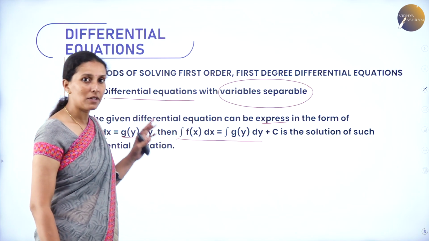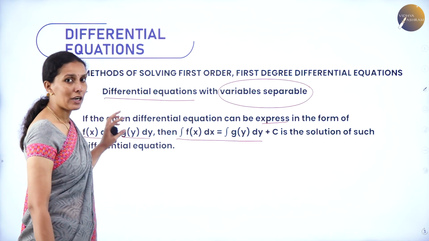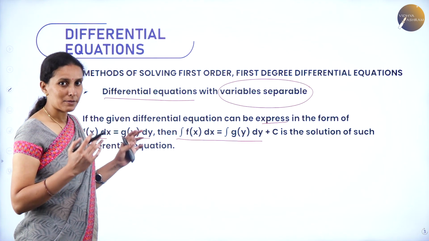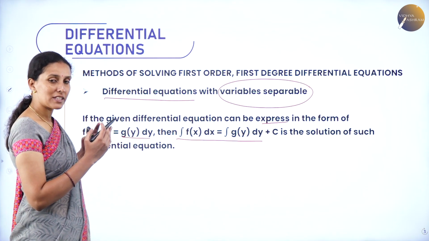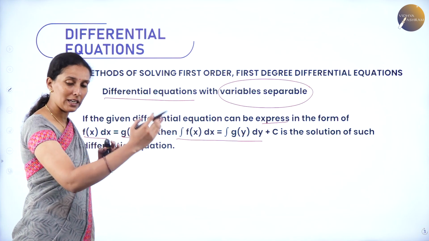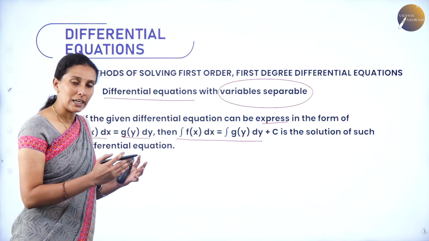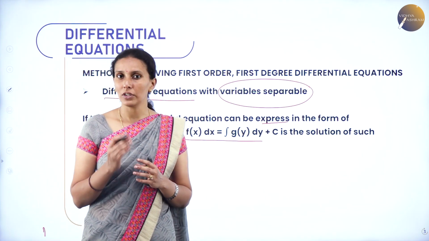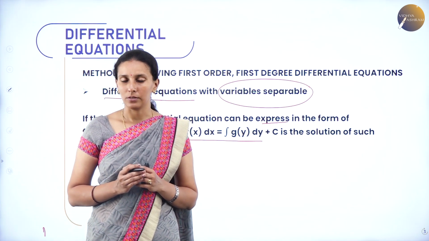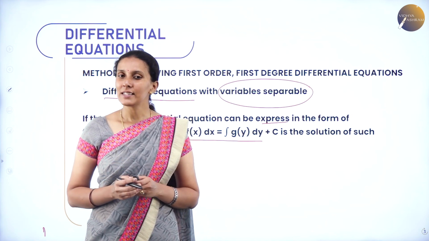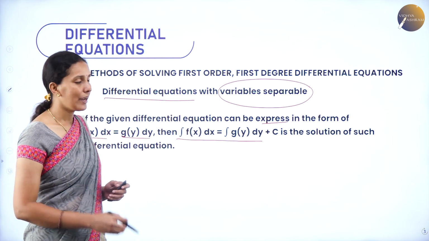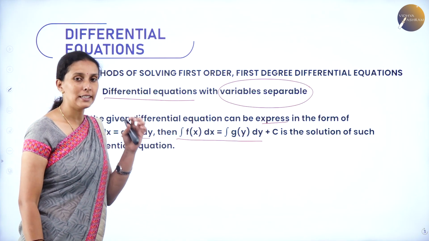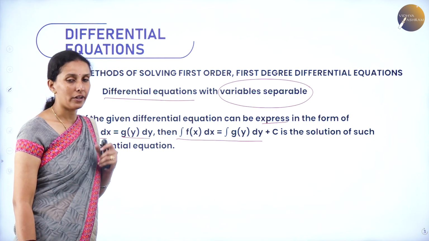So this will become the solution for this type of differential equation. So any equation, if you can express it in the form of f of x dx is equal to g of y dy, then when you integrate it on both sides, that will give you the general solution of the differential equation. So let's take the problems related to this variable separable method of finding the solutions for differential equation.